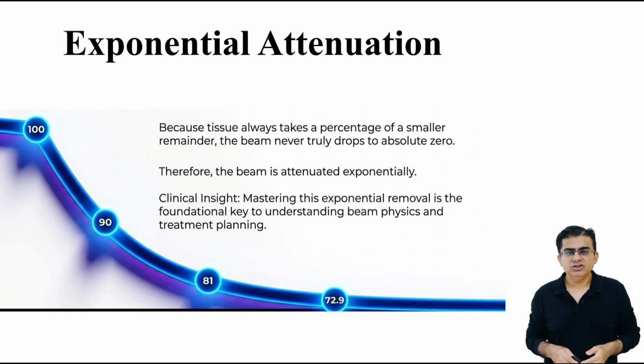Because the human tissue always takes a strict percentage out of a smaller remainder, the beam intensity never truly drops to absolute zero. It just gets weaker and weaker as it travels deeper into the body. This continuous, never-ending downward curve is exactly what we call exponential attenuation.